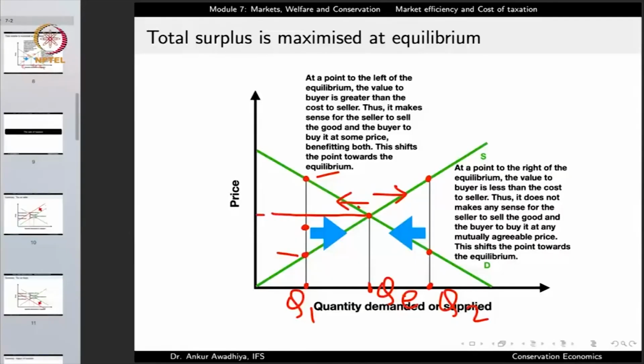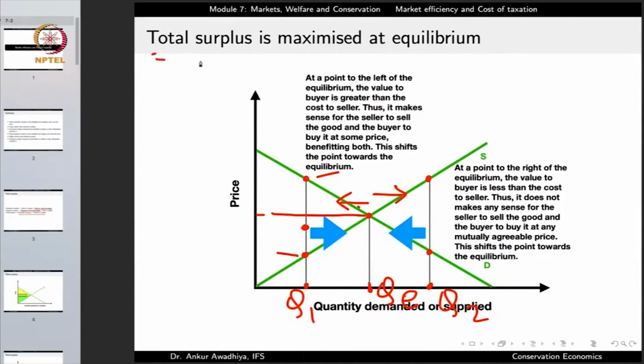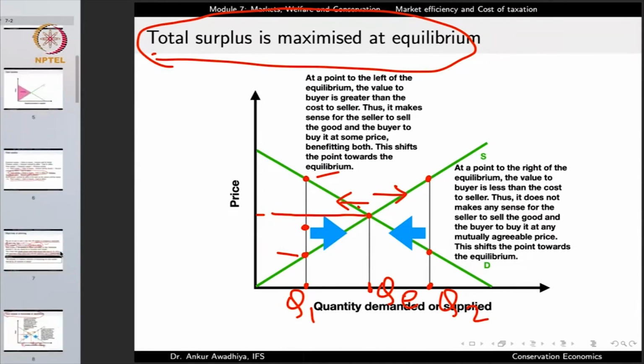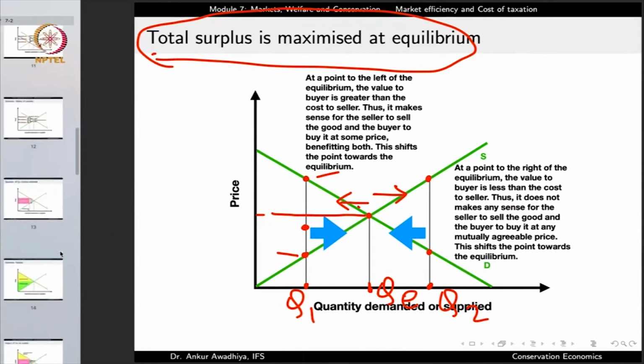Which means that in planning, when we were trying to maximize the total surplus, we should aim to reach the point of the natural equilibrium that is determined by the point of intersection of the demand and the supply curves. What we are saying is that the total surplus is maximum at the equilibrium, and this is what we should be aiming at during the planning process. So, total surplus is maximum at the equilibrium.